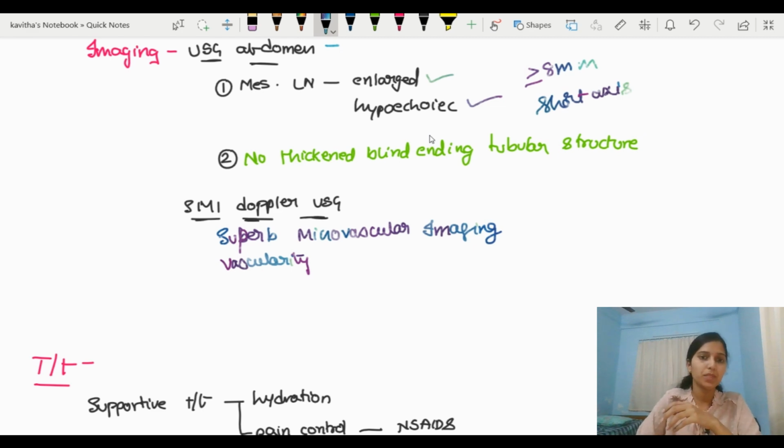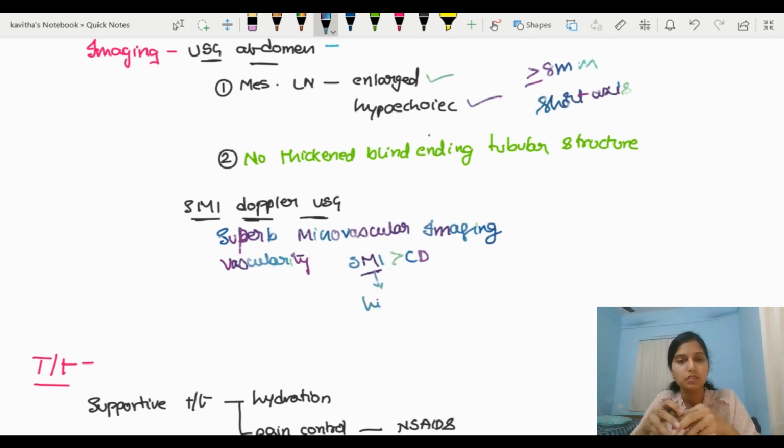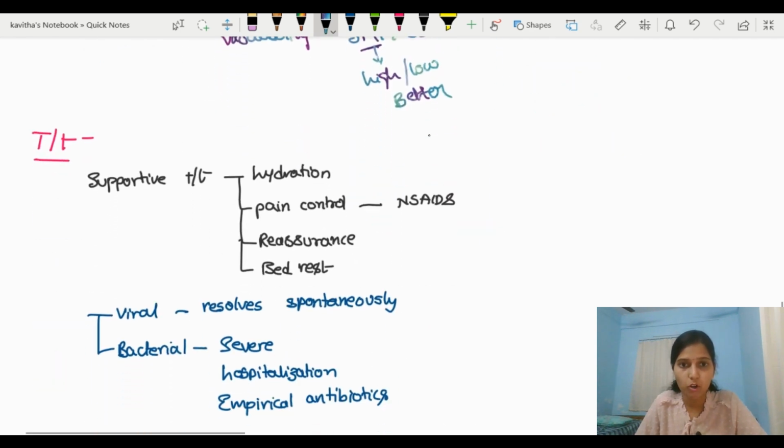But this SMI Doppler ultrasound takes into consideration the vascularity and gives the diagnosis. Even the color Doppler ultrasound is also based on vascularity, but it has been proved that SMI is better than color Doppler in assessing because it assesses both high velocity and low velocity blood flows and also has better image resolution.